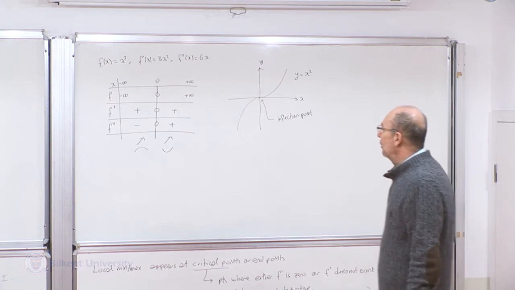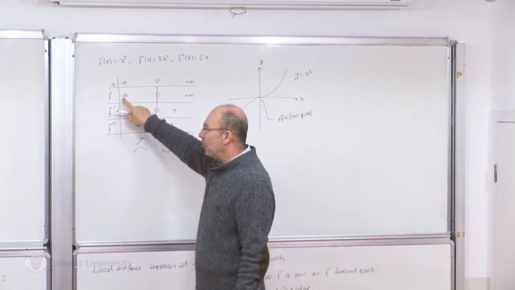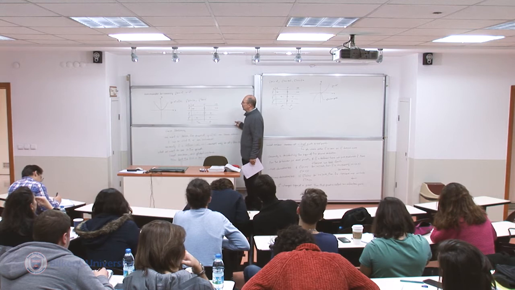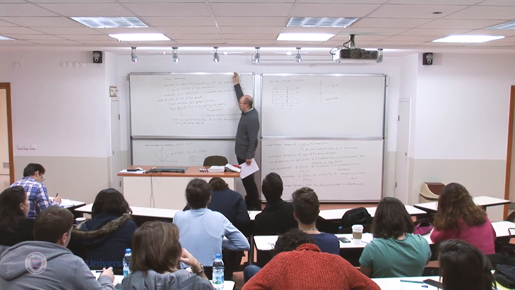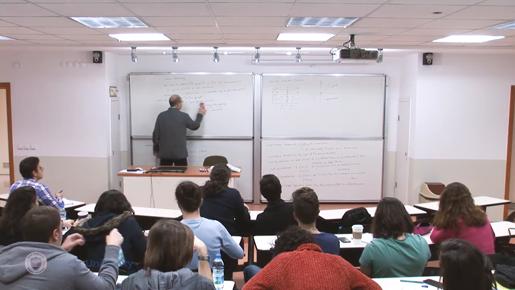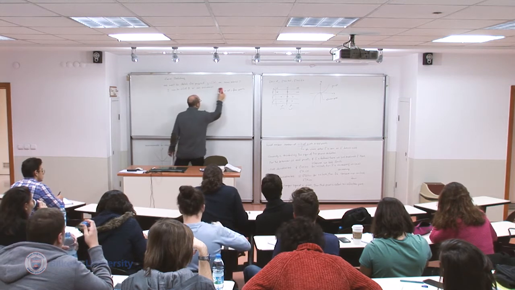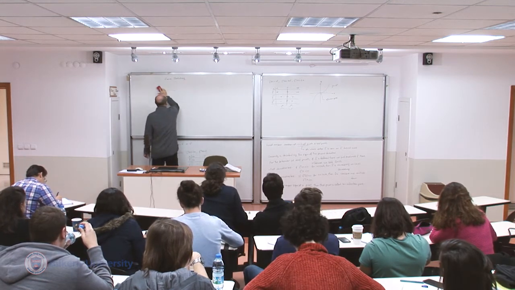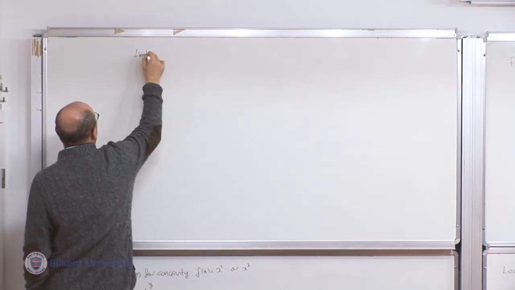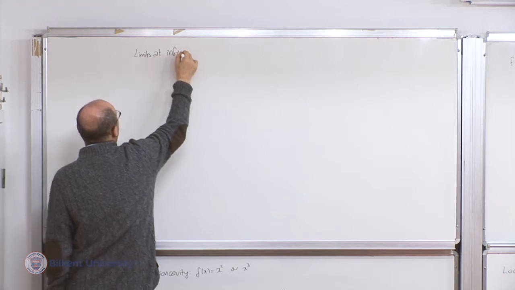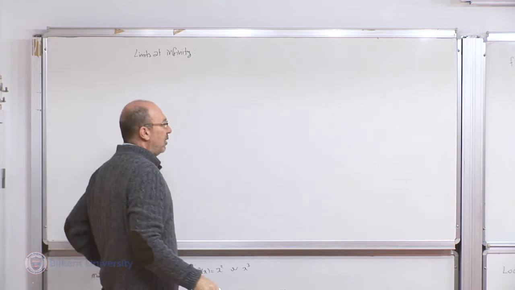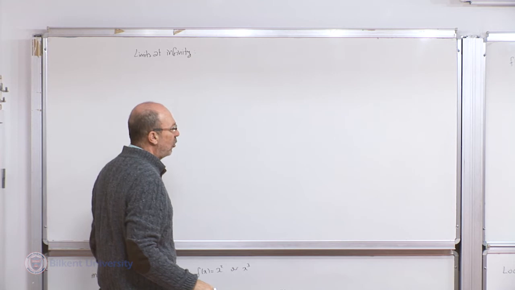So now let's look at how we do this part for more complicated functions. Here it was obvious. Okay. So let us look at limits at infinity. Okay, so we want to understand the behavior of f as x goes to infinity.